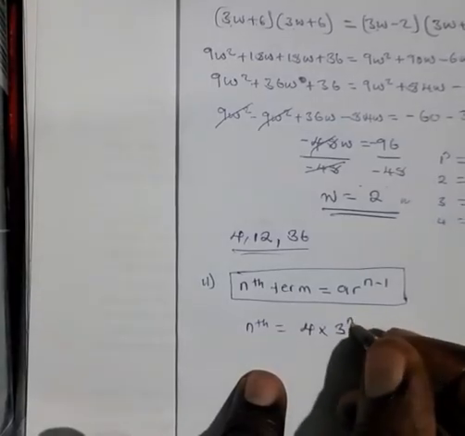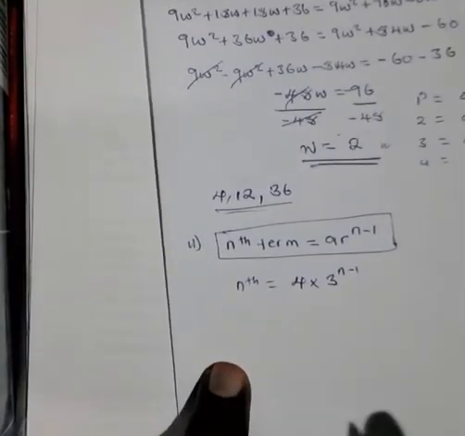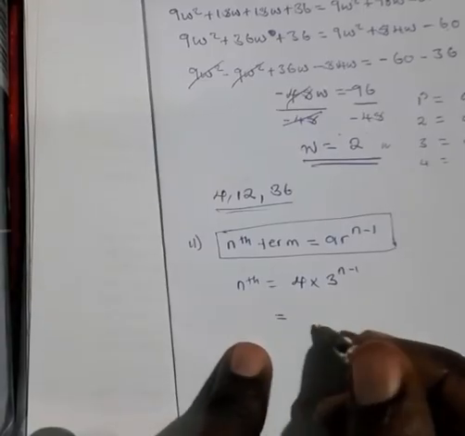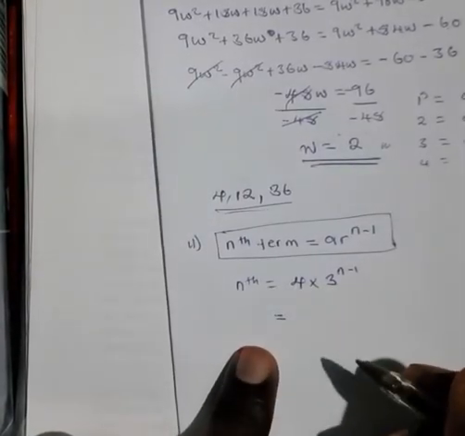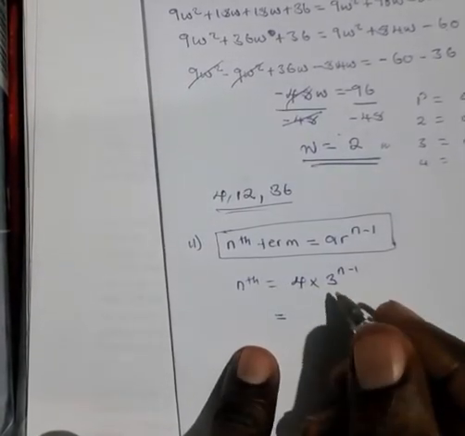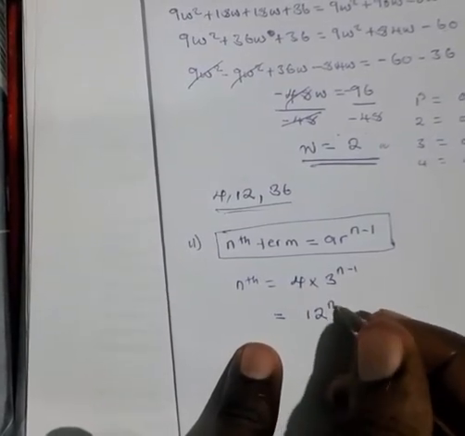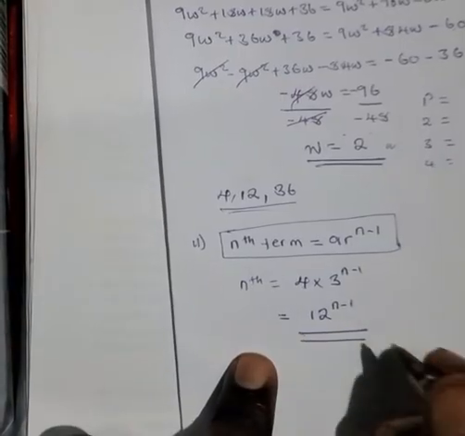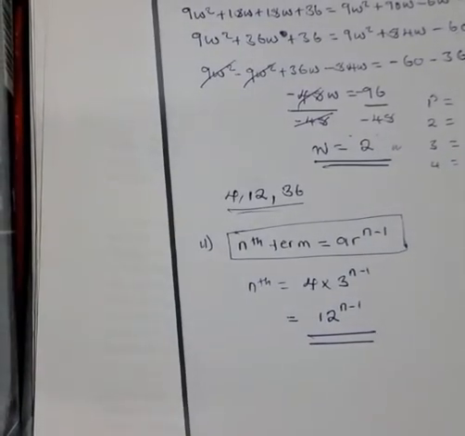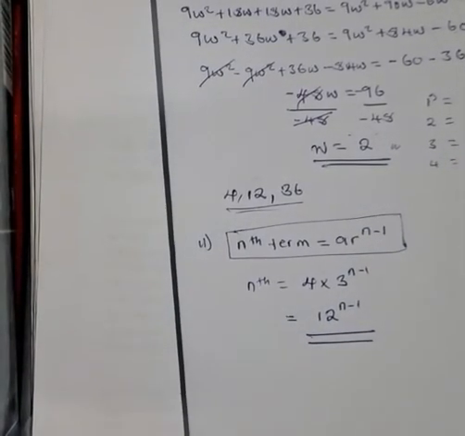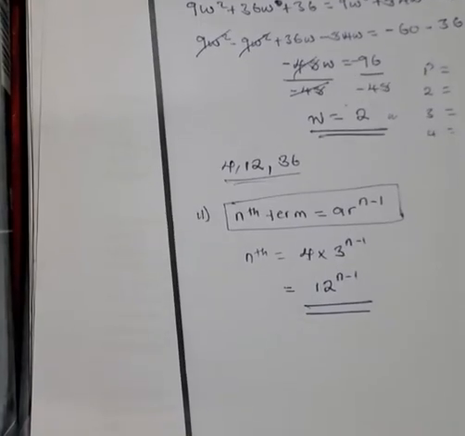Then n we don't know, minus 1. So our final answer will be 4 times 3, that is 12, to the power n minus 1. I think this is the nth term. n is there because we're looking for the nth term.